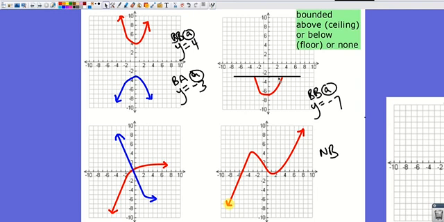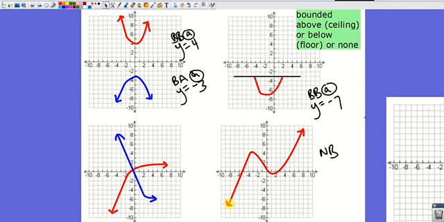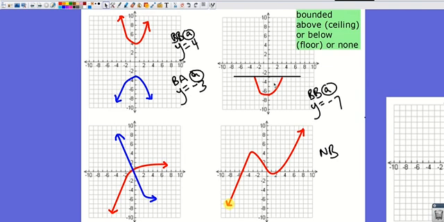Now, this is actually, yes, bounded above. There is a ceiling because there are no arrowheads. If you don't see any arrowheads, you assume that it does not continue. It does not go on forever.